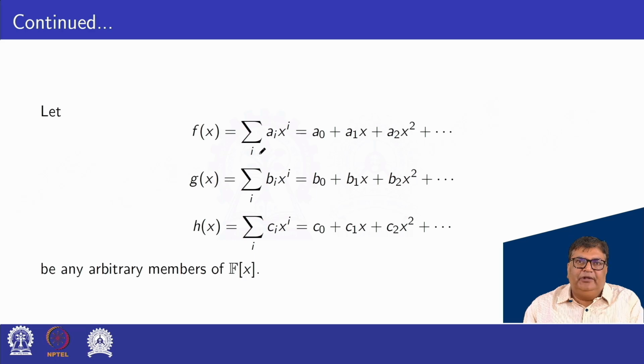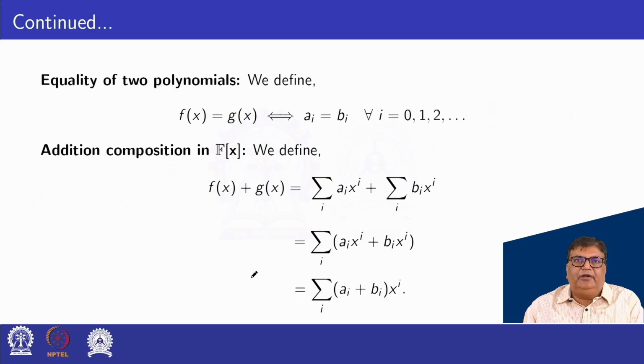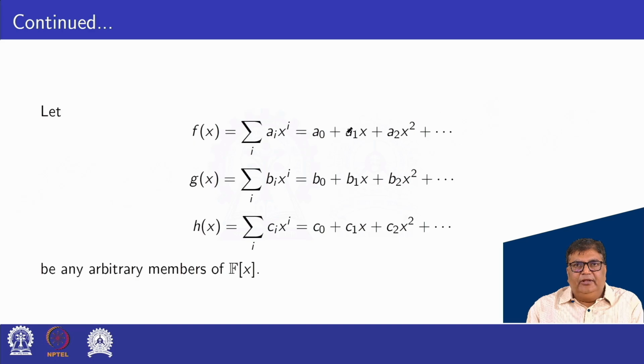Let f(x) = summation aᵢxⁱ, g(x) = summation bᵢxⁱ, h(x) = summation cᵢxⁱ be arbitrary members of F[x]. Then the equality of two polynomials, f(x) = g(x), holds if and only if aᵢ = bᵢ.